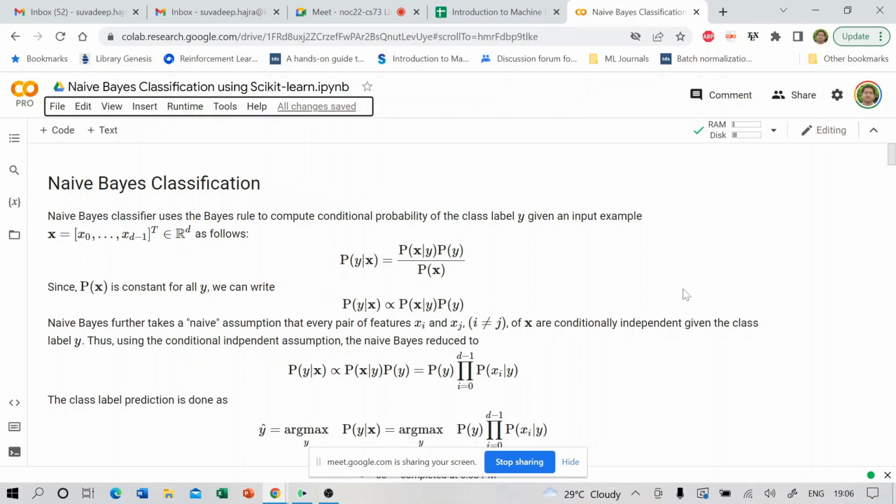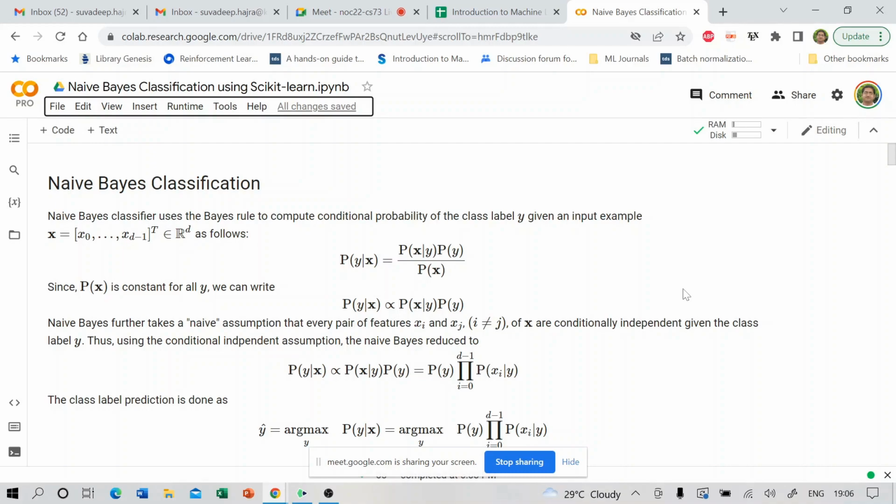For class 1 there is some probability distribution for the input data, and similarly for class 2 there is another one. So we model that probability of x given y, and then using the Bayes rule we obtain the probability of y given x in terms of the probability of x given y.